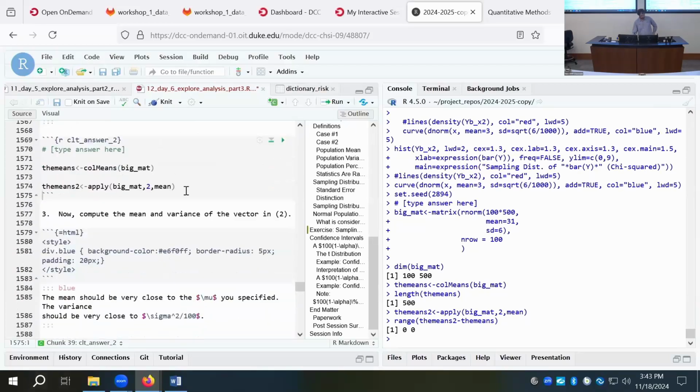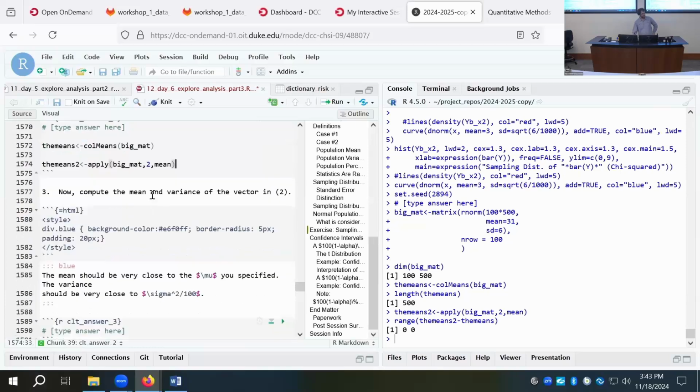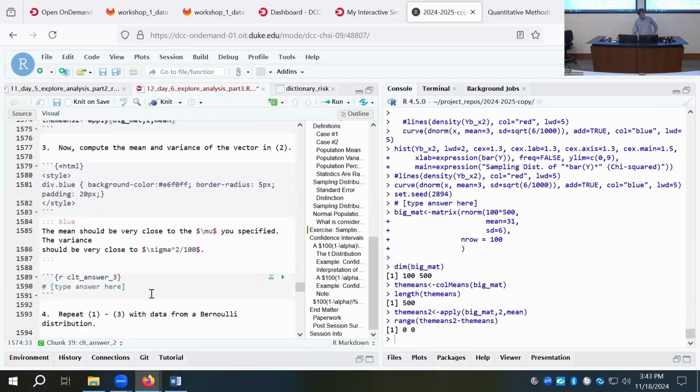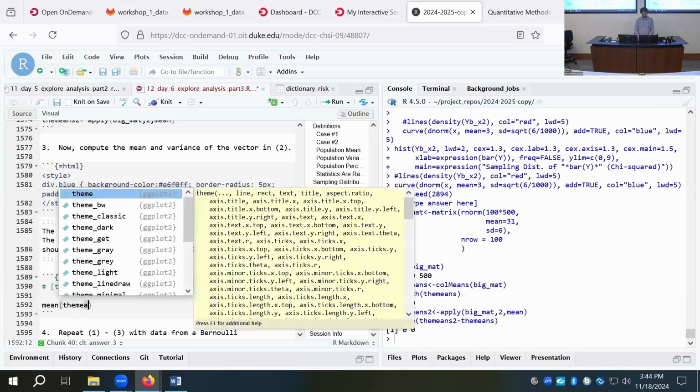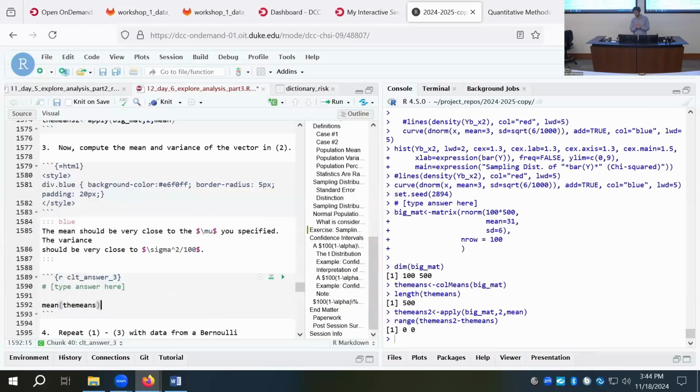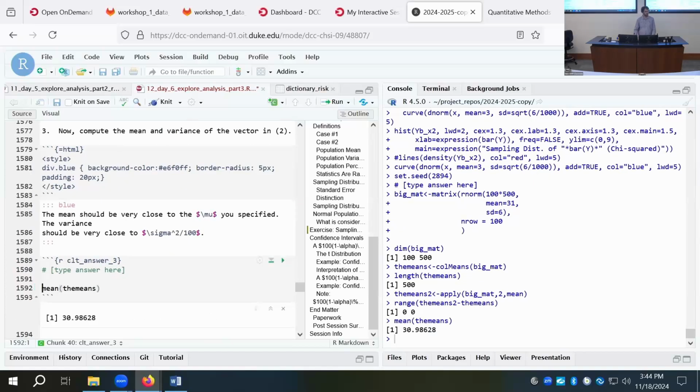Now we're going to calculate the mean and variance of this. What should the mean be? It should be basically 31, right? It's 30.98628, very close to 31.